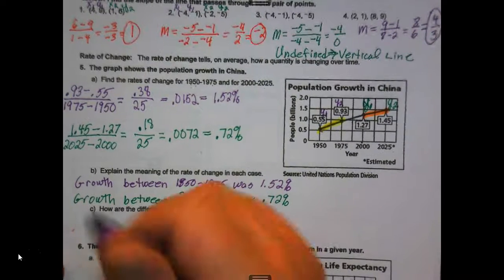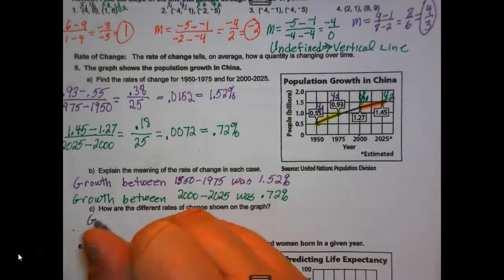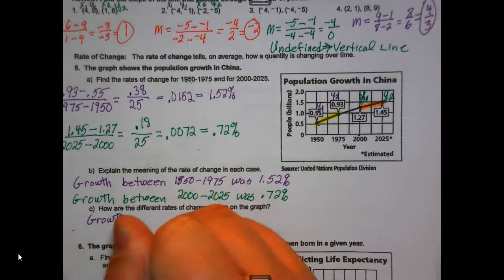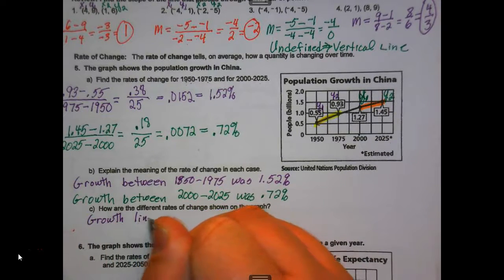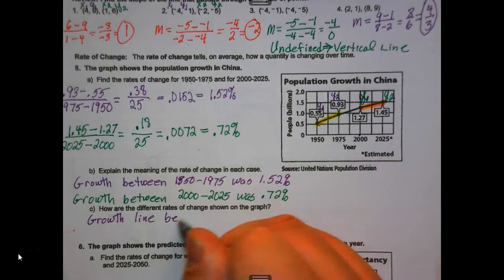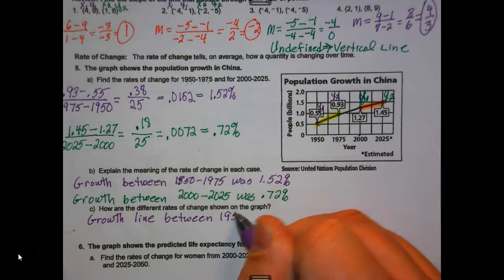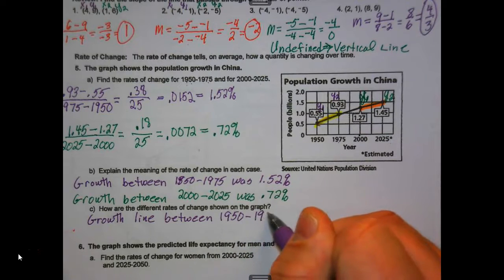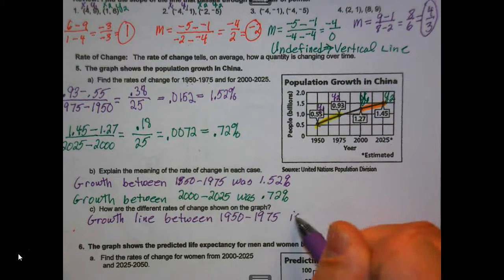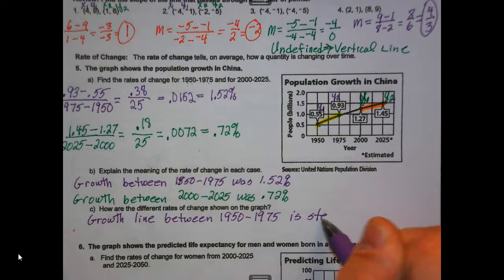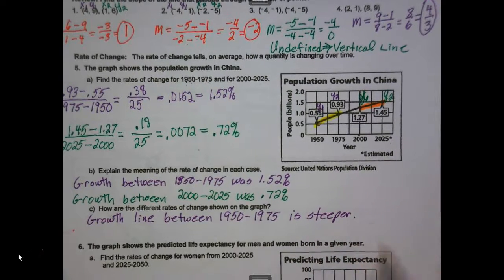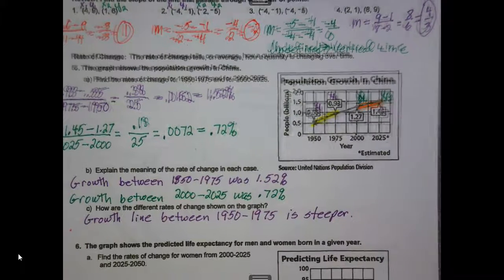So the growth line between 1950 to 1975 is steeper. Okay.